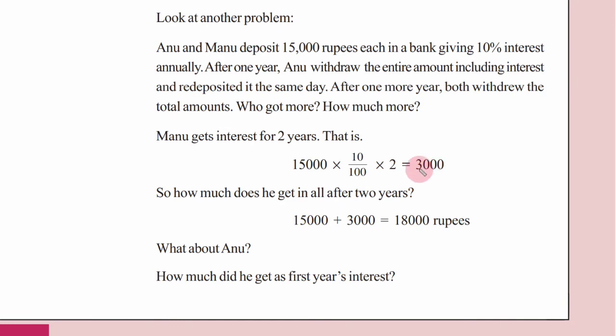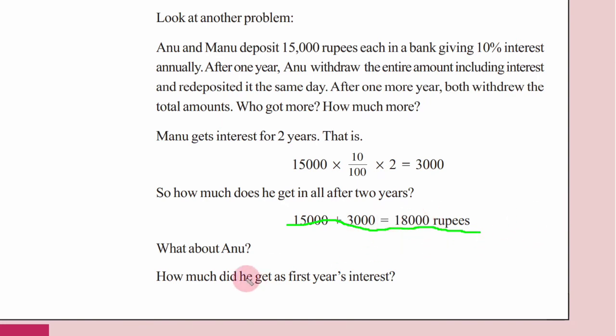Manu got interest of 3,000 rupees. After 2 years, Manu got back 15,000 plus 3,000, that is equal to 18,000 rupees.